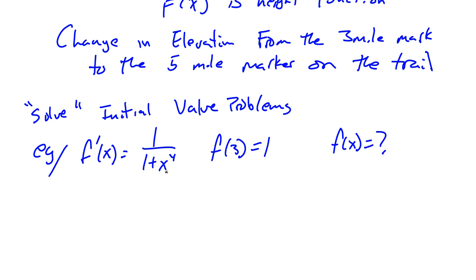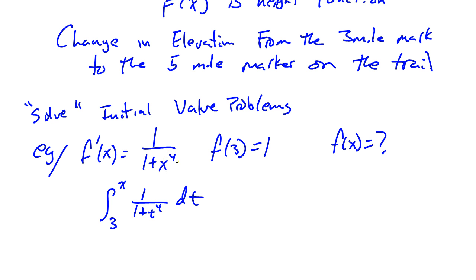But from the fundamental theorem of calculus, part 1, I know that this function, the integral from 3 to x of 1 over 1 plus t to the fourth dt, will be an antiderivative of the one that I started with.